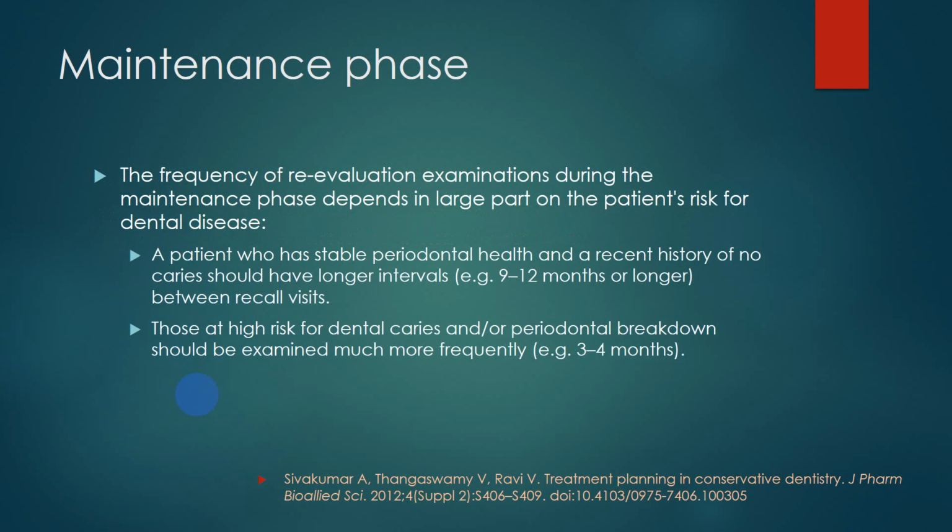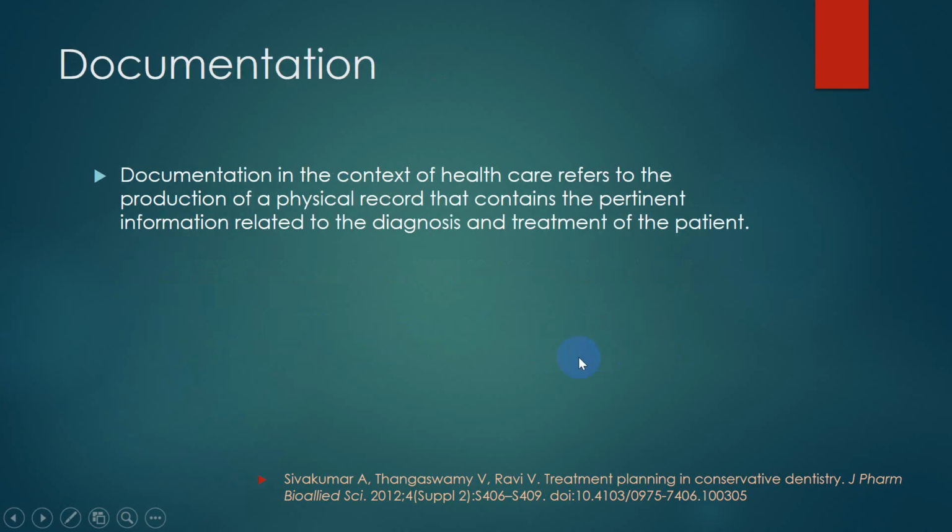The regular re-evaluation intervals depend on the patient himself. For example, you can recall your patient in 9 to 12 months if the patient has stable periodontal health. But those at high risk of dental caries, for example, or periodontal breakdown, you need to recall them in 3 to 4 months.